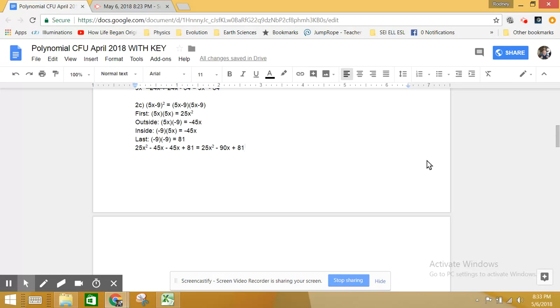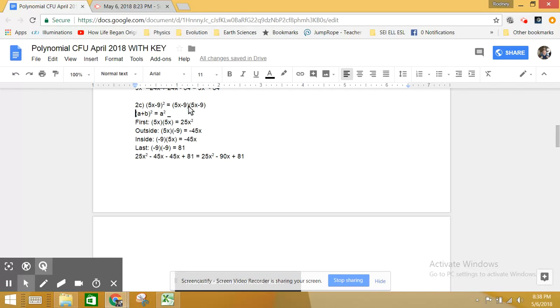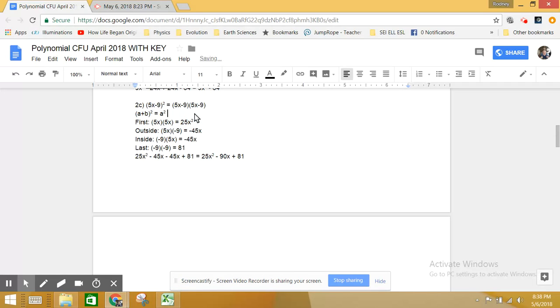But this is a special case. The special case being a perfect square. If I have a plus b squared, that's a plus b times a plus b, right?